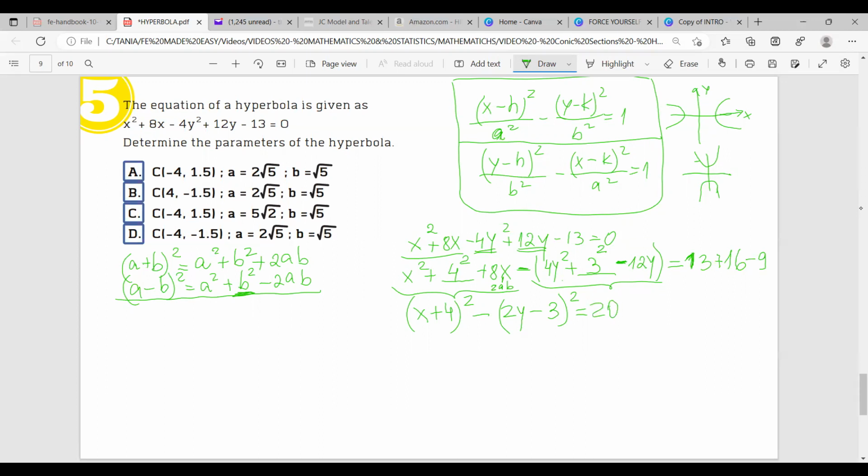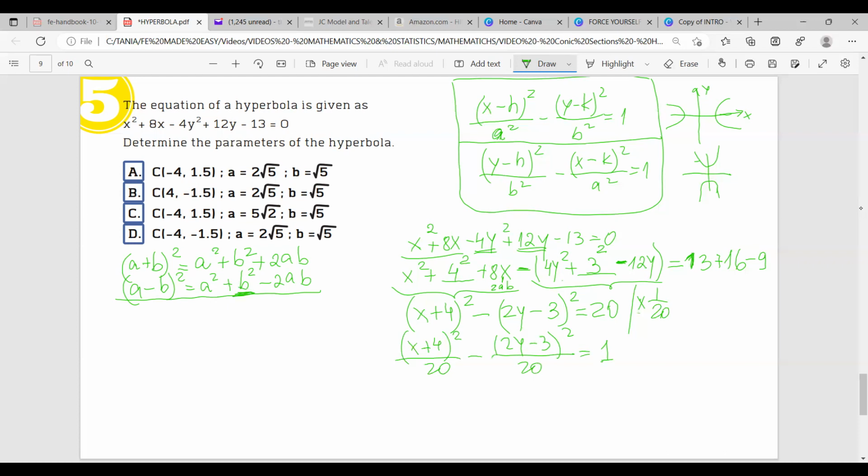Now, let's divide both sides by 20, and I will get x plus 4 squared over 20 minus 2y minus 3 squared over 20 equals to 1. So this looks more and more similar to the equation of a hyperbola.